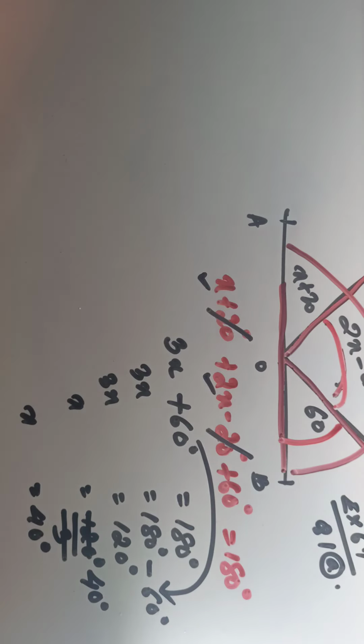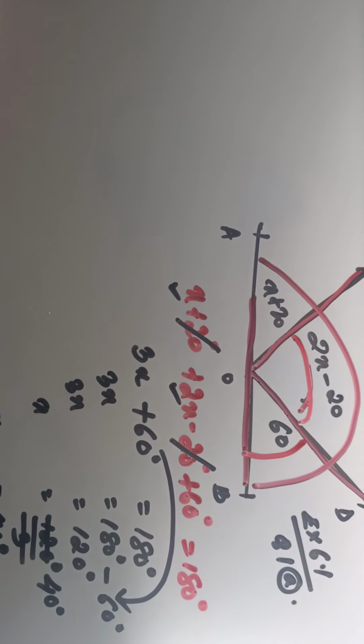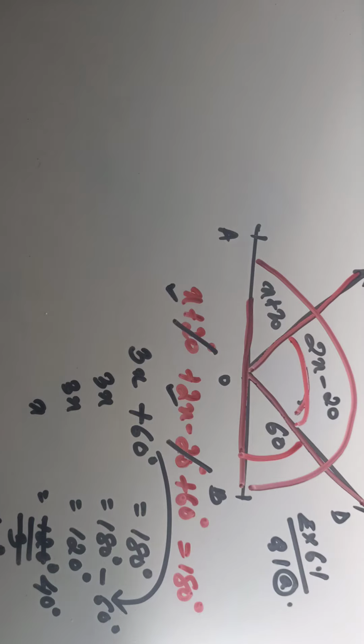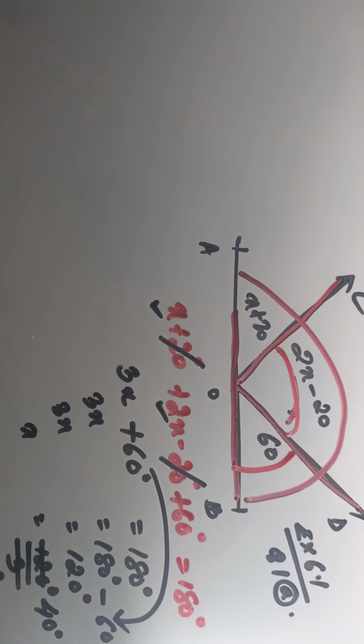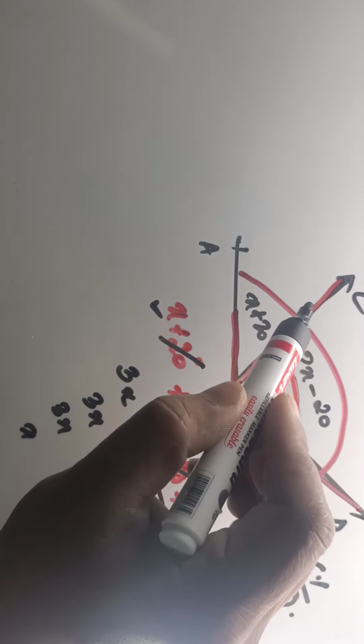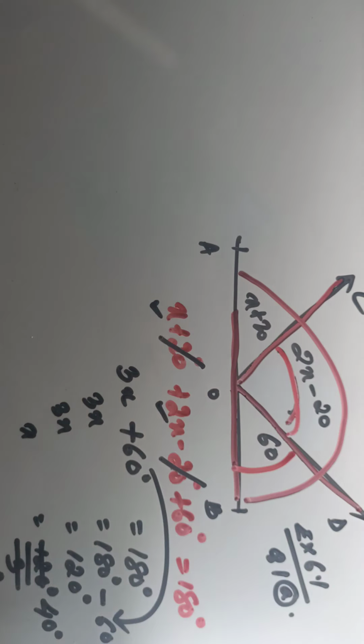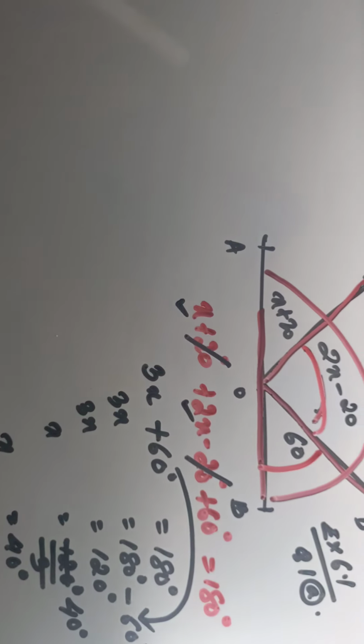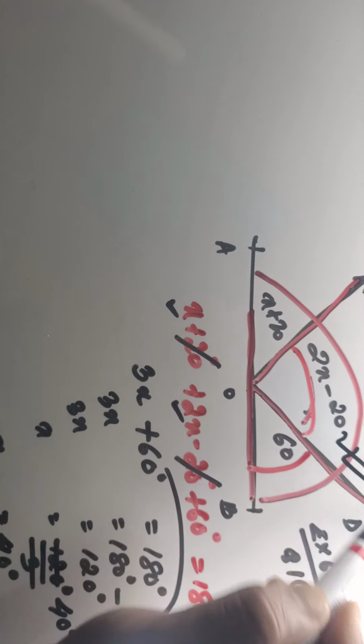Now in this question, they are not asking you to find x. They are asking you to find angle COD, which is 2x minus 20.